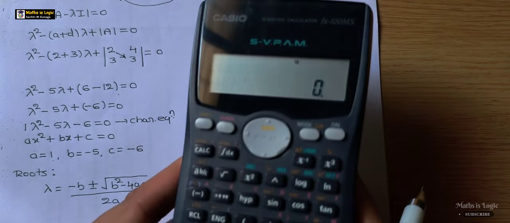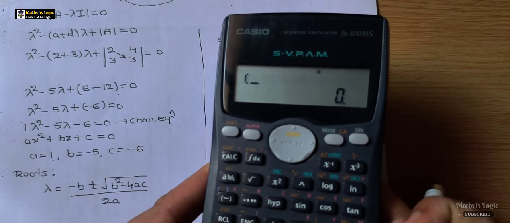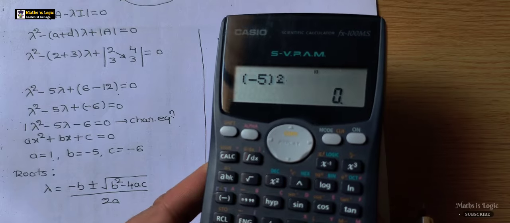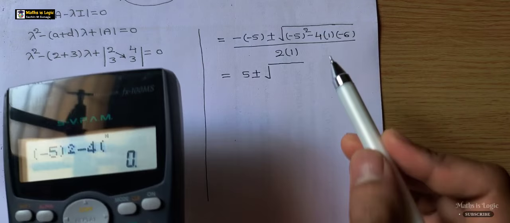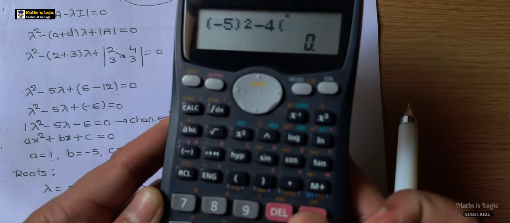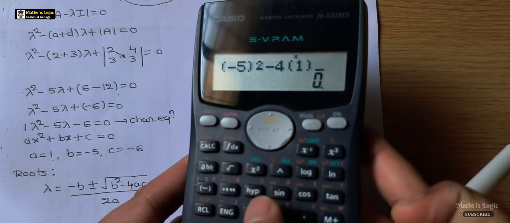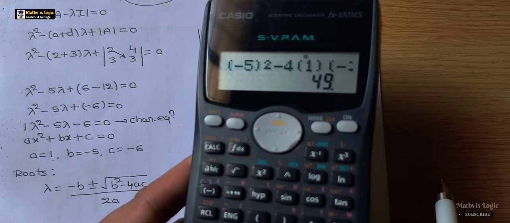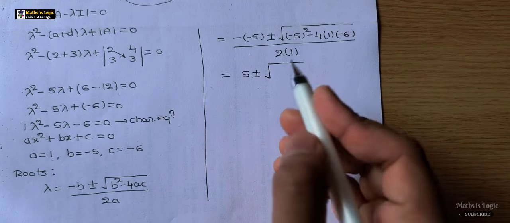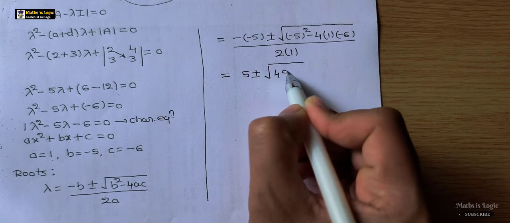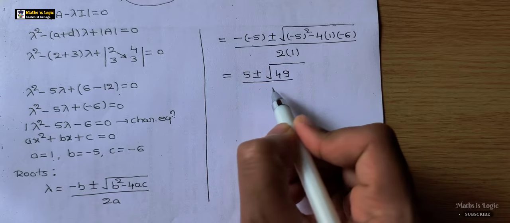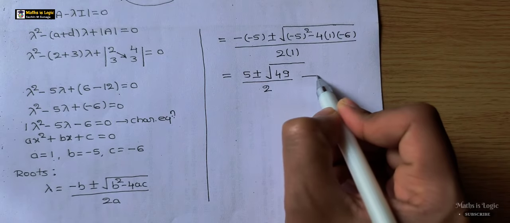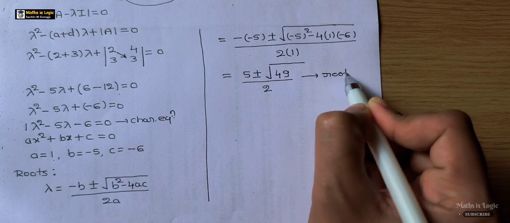First, in bracket minus 5 complete square minus 4 into a is 1, into minus 6. So how much is it? 49. So write 49 divided by 2 into 1 is 2. So this is nothing but the roots.